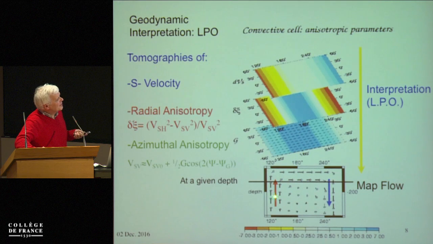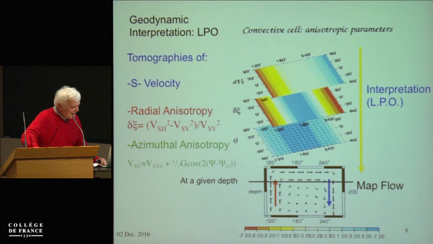You see, for example, if you have upwelling, you will have a slow velocity, but at the same time negative radial anisotropy. When you have downwelling, you will have fast velocities, this subducting slab for example, and also again negative radial anisotropy, and azimuthal anisotropy will give the horizontal orientation of the flow. So you see, it's a very simple interpretation, but we need all this information to explain the seismic anisotropic data.